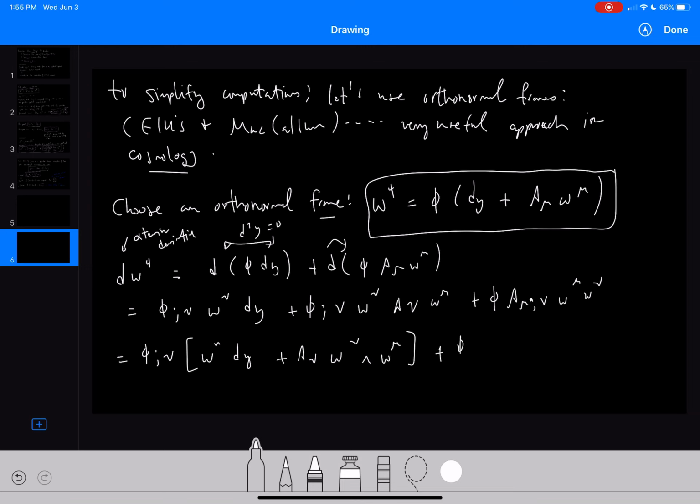So this is just going to be phi A nu omega nu omega mu. Okay, so it's straightforward. And actually, we can do a bit of a trick here. If you notice something here, if we were to stop here, it would be fine. But there's something that we can consider.